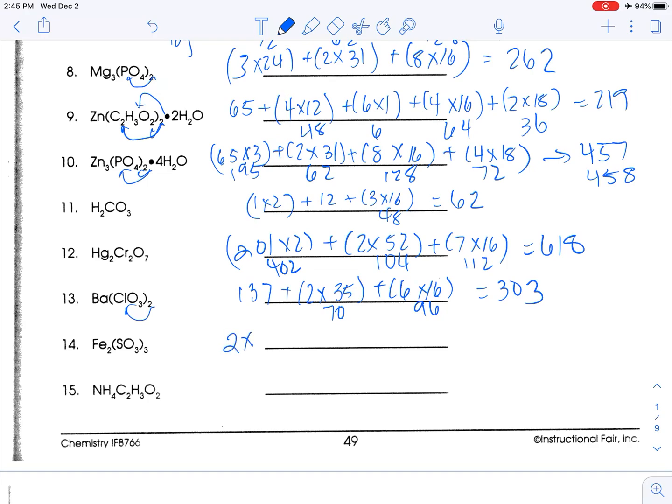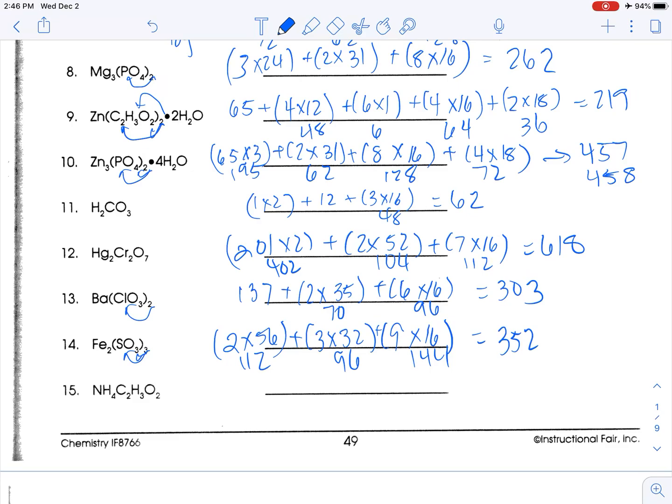Mass is 56. Okay, distribute. 3 sulfurs, each with a mass of 32. And 3 times 3 is 9 times 16. 56 times 2 is 112. 32 times 3 is 96. 9 times 16 is 144. 144 plus 96 plus 112. 352 grams per mole.